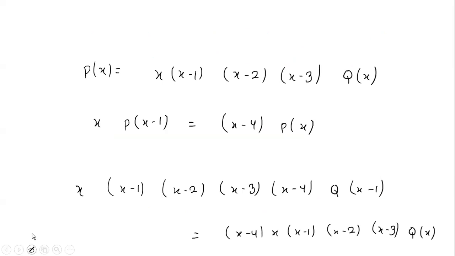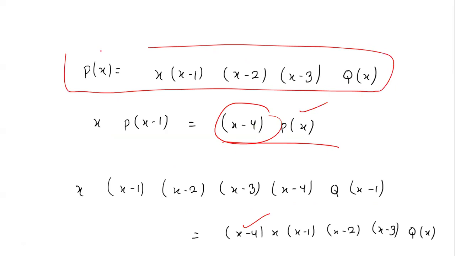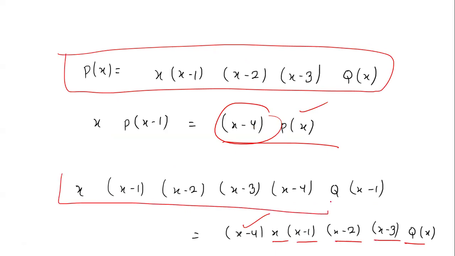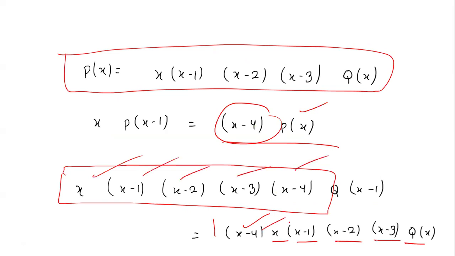And here the right hand side will have this x minus 4 and p of x, which is this. So you can directly write x times x minus 1, x minus 2, x minus 3 and q of x. Now you see these 5 factors and these 5 factors both are the same.